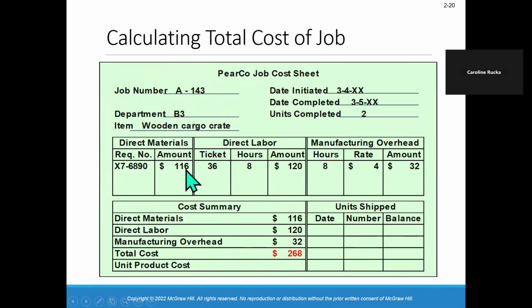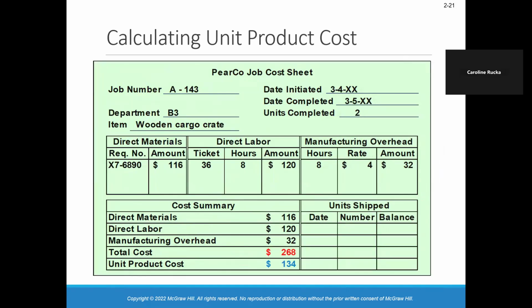We have $116 in direct materials, $120 in direct labor, $32 of overhead. So this total project is going to cost us $268. But we are actually making 2 units. So our per unit cost is $134. We just divided this by 2.